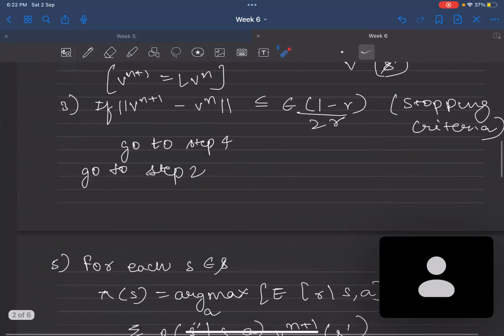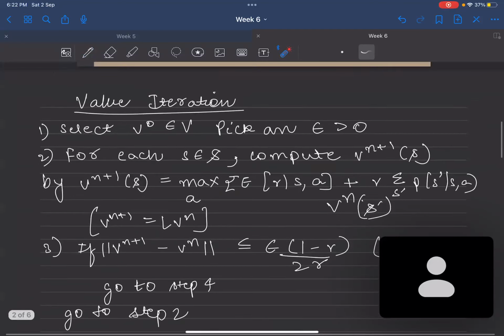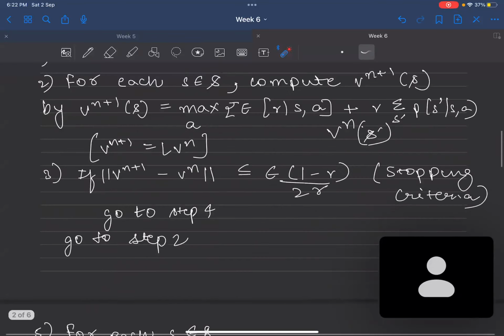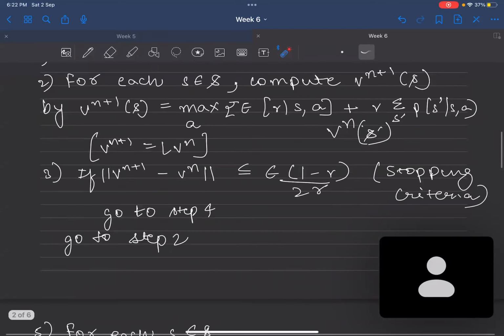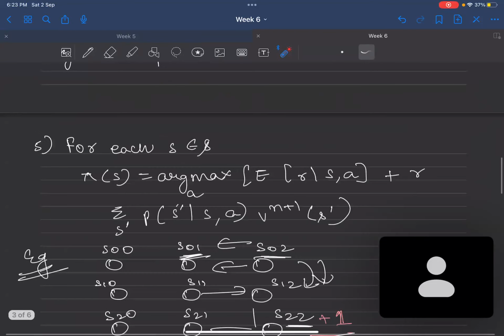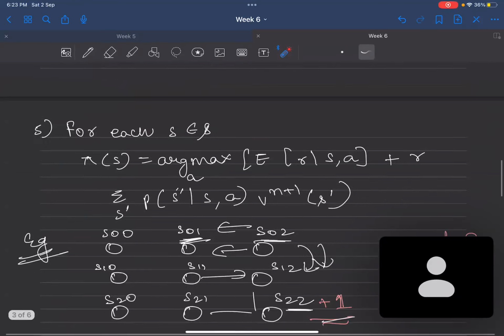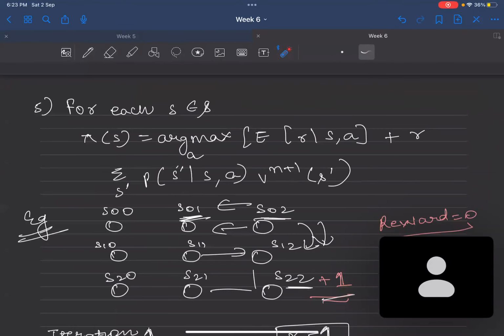So to arrive at the policy, we use that max to arrive at the argmax. Argmax of A will give you the policy. Not argmax, only max: max will give me the value. What is the difference between argmax and max here? Argmax will give you which action is giving the max.